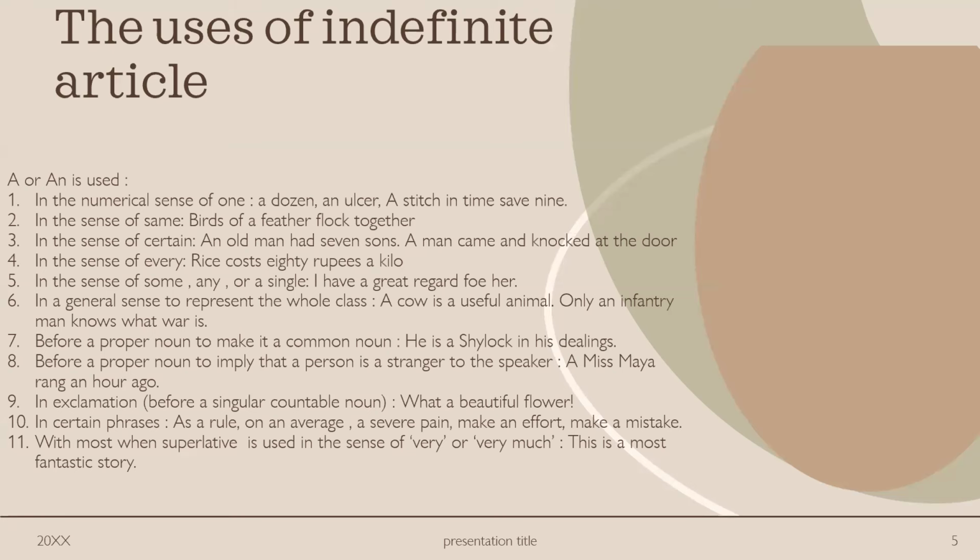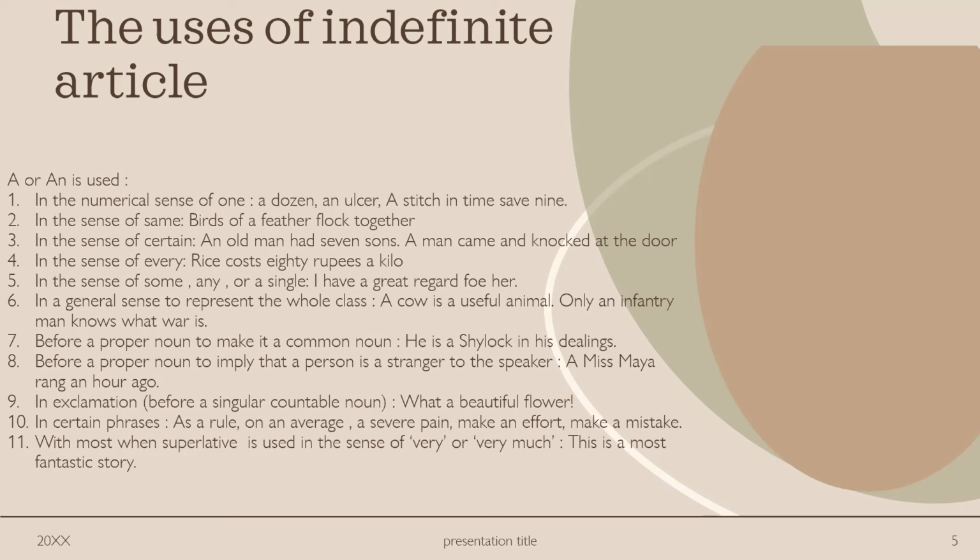Let's see the uses of indefinite articles. A or an is used in the numerical sense, that is when you are talking about a dozen, like in the proverb, a stitch in time saves nine. In the sense of the same, like birds of a feather flock together.